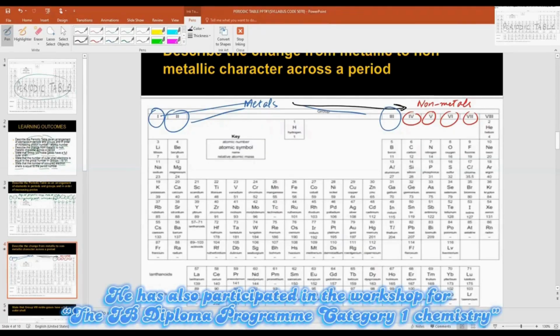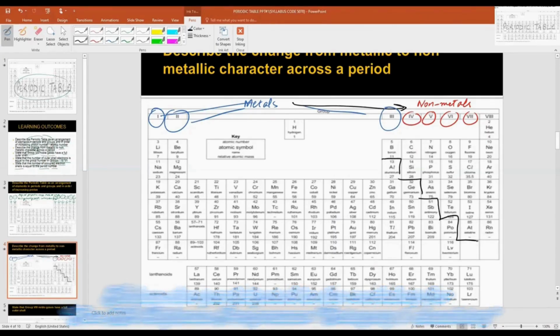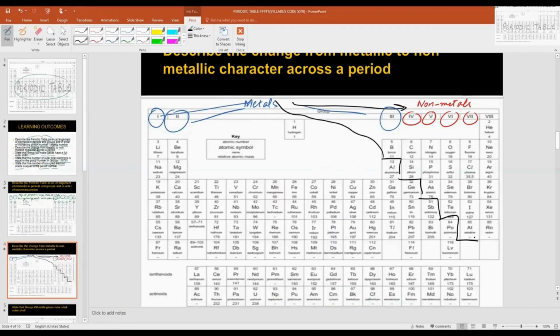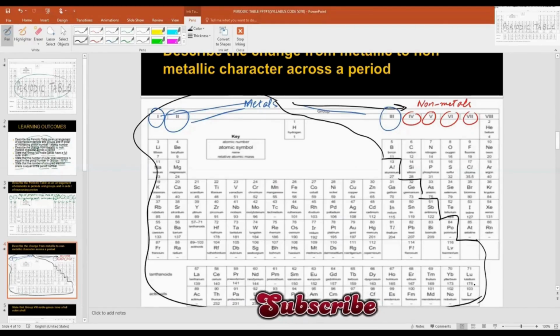The staircase line divides metals and non-metals. This is the staircase line. Underneath this staircase line are metals. These all are metals. Above the staircase line, there are non-metals. These are non-metals.